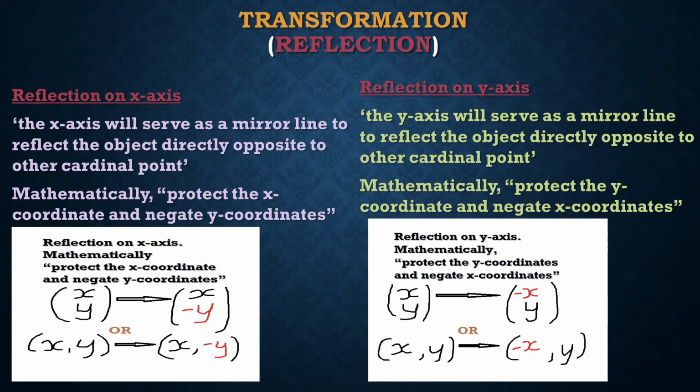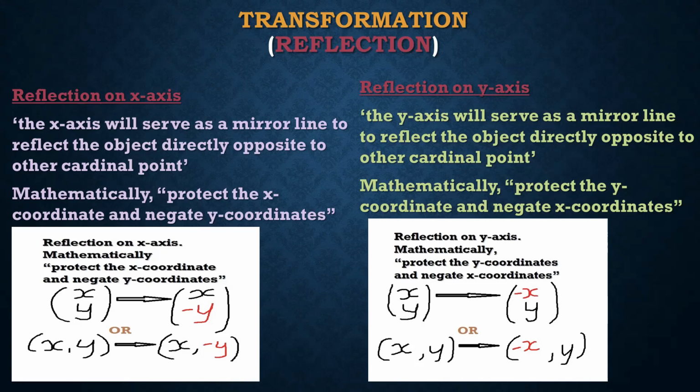Or if you want to do the manual calculations to determine where the image will appear, then mathematically, you protect the y coordinates. So when you are using the manual calculation to determine where the image will appear on the other cardinal point, you have to protect all the y coordinates and negate the x coordinates.